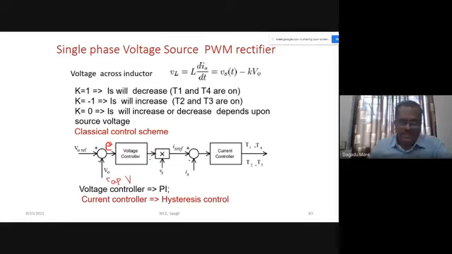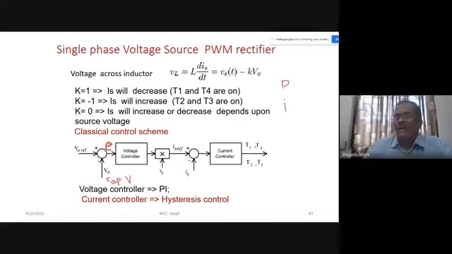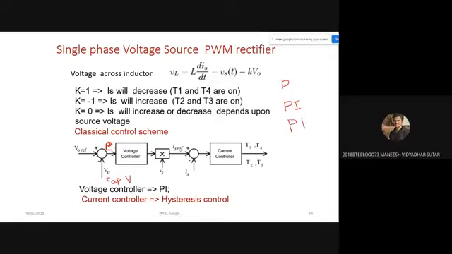I think you have studied various types of controllers. Conventionally we have, can you just name the controllers? One is the P controller. Are you aware of that? Then next we have PI, and then third we have PID or PD. Okay, PID.